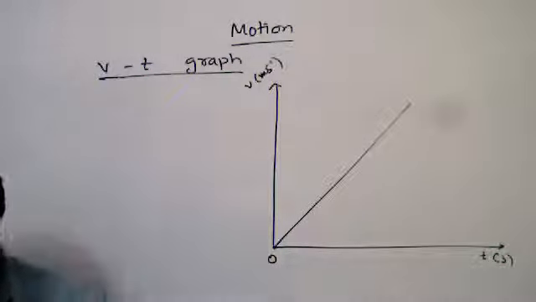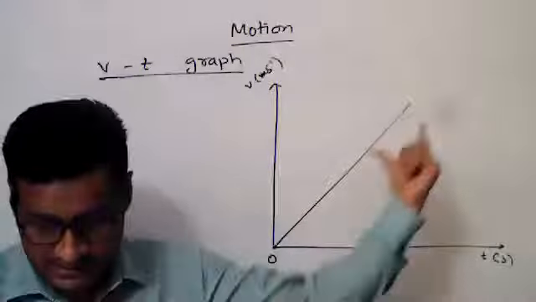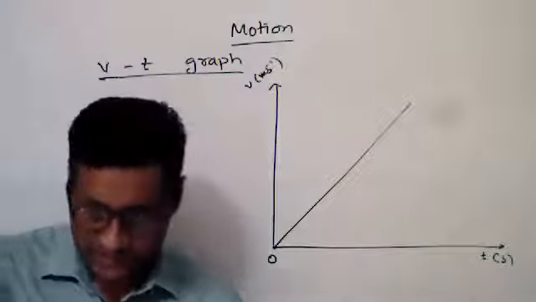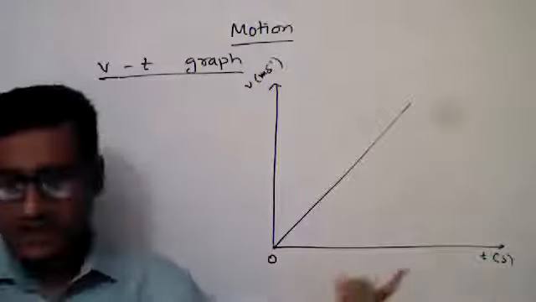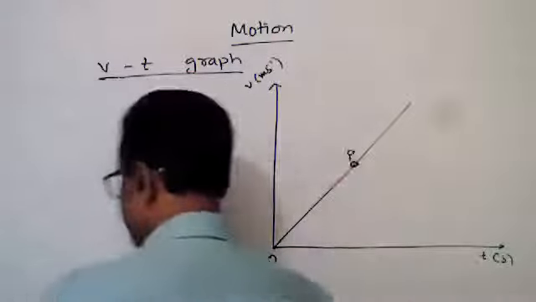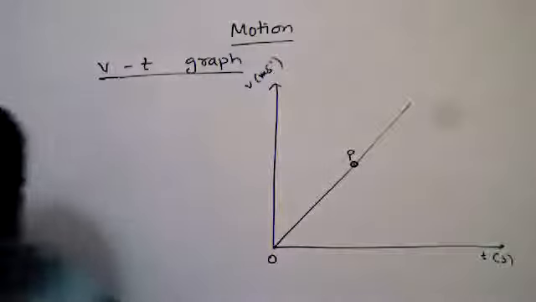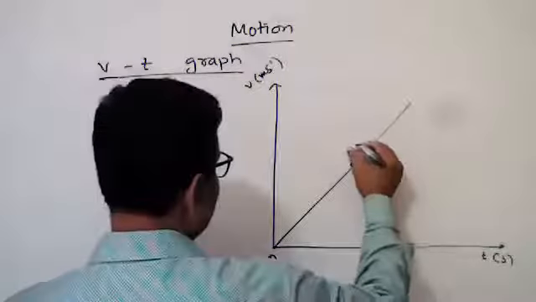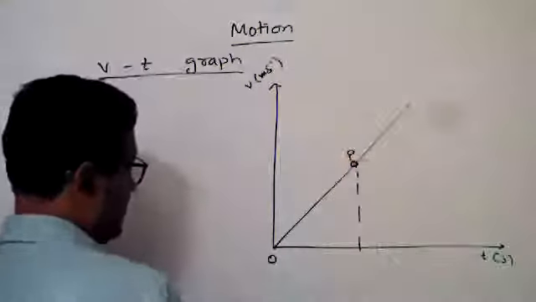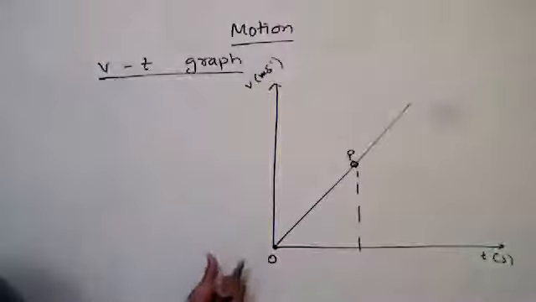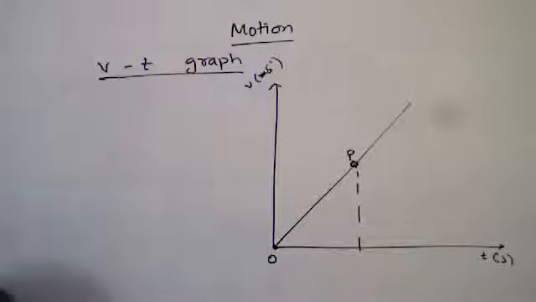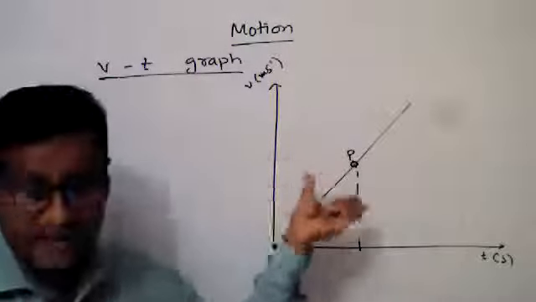We have already discussed that this is applicable for uniform acceleration. It means the change of velocity with respect to time is the same. So now we can determine the acceleration at point P. Suppose this is the initial point, where the velocity is U and U equals 0, and this is the final point, where the velocity is V, the final velocity.